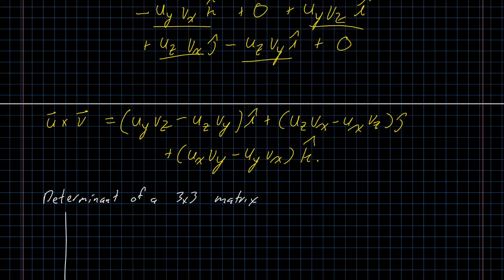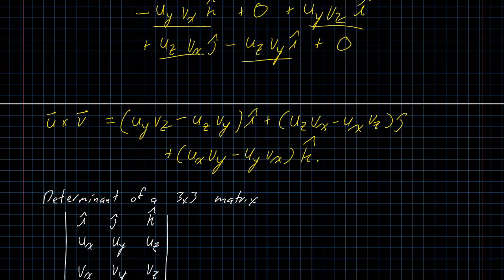Specifically, I want to look at the 3 by 3 matrix, which in the first row has i hat, j hat, and k hat. In the second row has ux, uy, uz, and in the third row has vx, vy, vz.